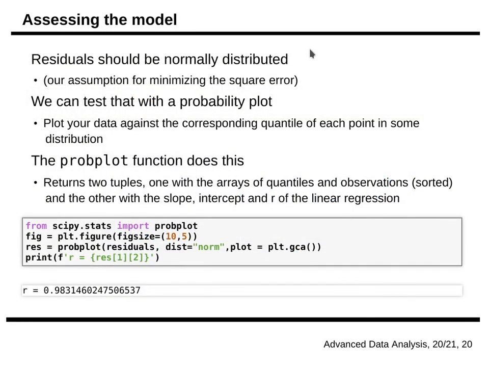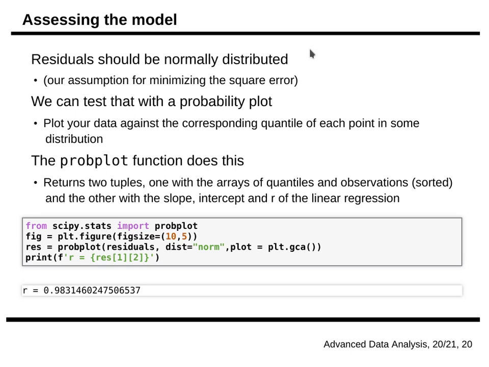Okay, so since we are assuming the residuals are normally distributed, we can also try to check if this is true. We are assuming that there is some normally distributed error, and we are approximating our curve to the data, minimizing the quadratic error, because in those conditions this corresponds to the maximum likelihood solution.